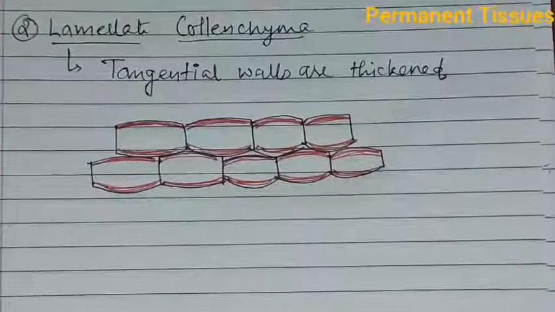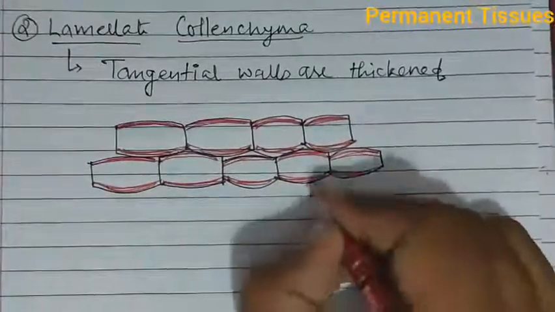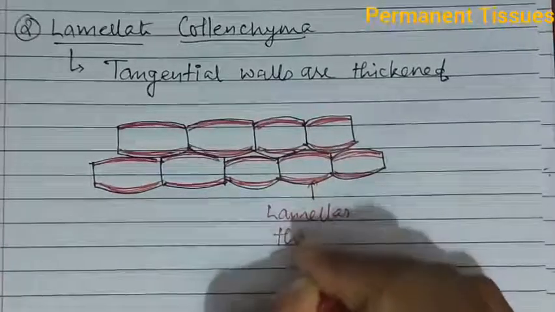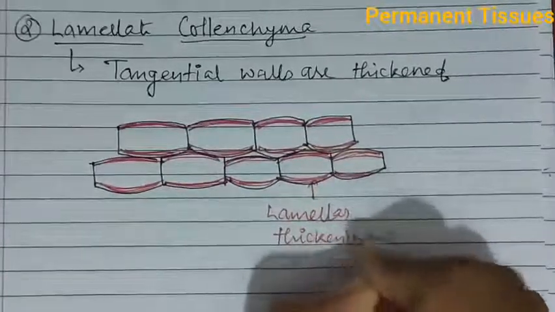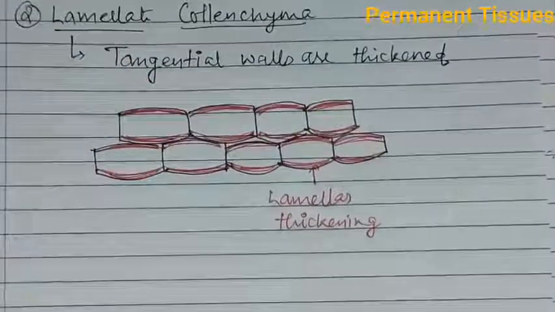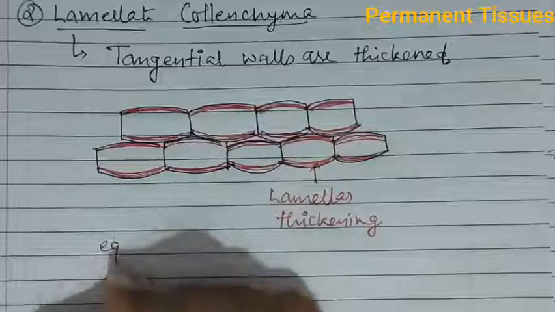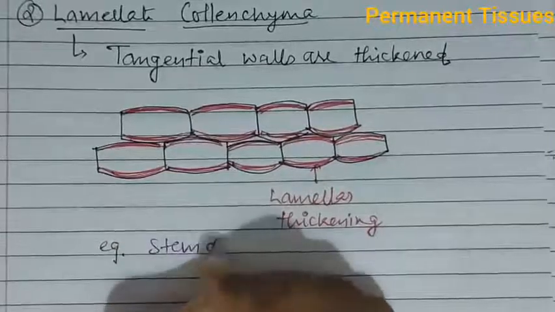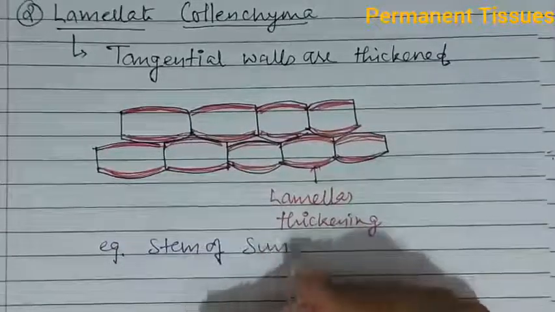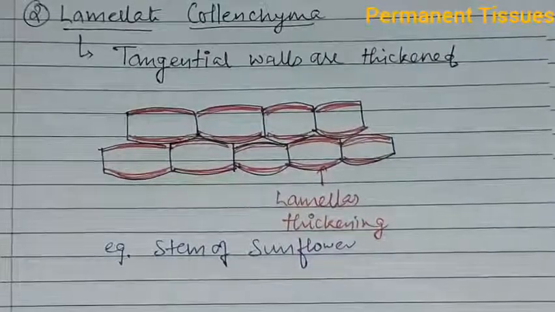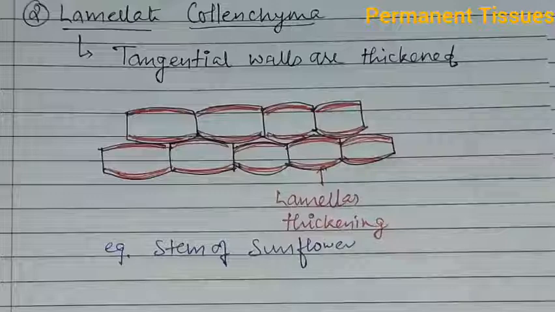These are the lamellar thickenings which are found. Now this type is found in the stem of sunflower. So the example of the lamellate type is the stem of sunflower.